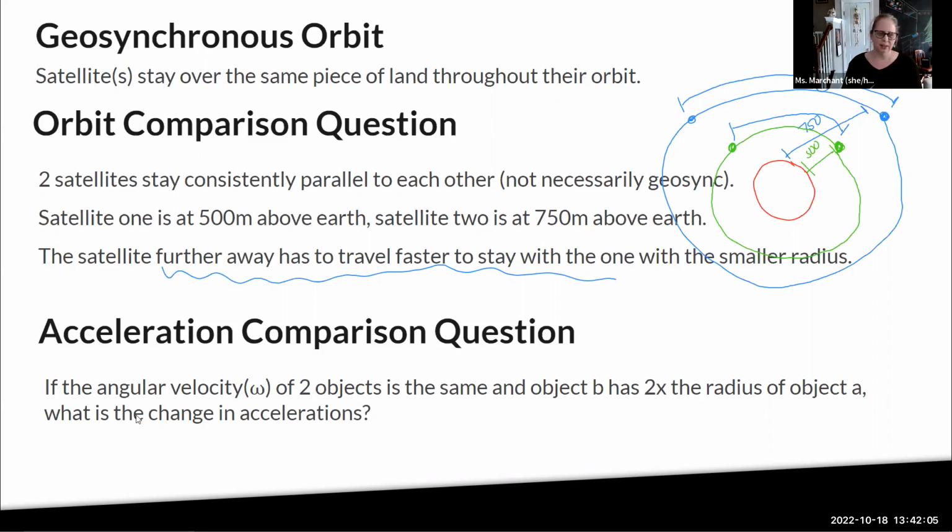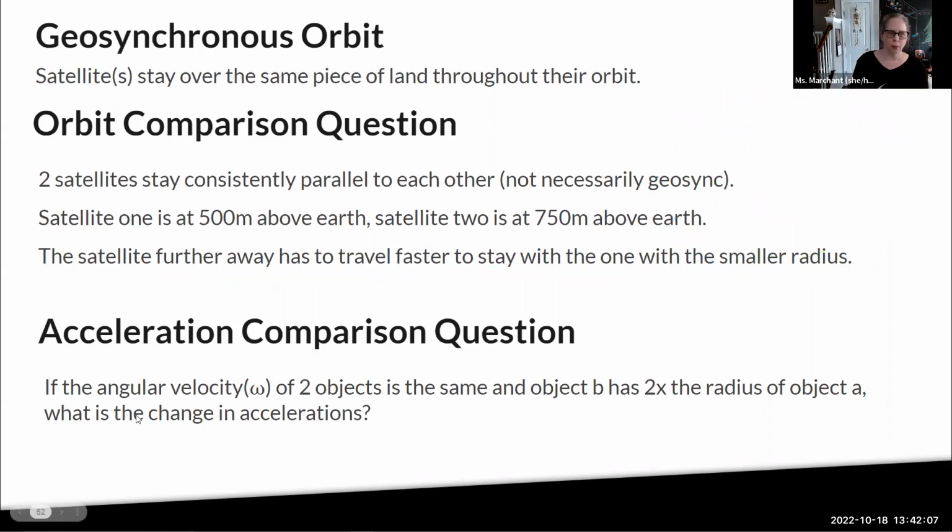Okay. Now, if we wanted to compare the accelerations, where are the accelerations always going? Towards the center. Accelerations are always going towards the center. So that is the direction of the acceleration of both of those satellites because they're staying parallel. But how can we compare other information? Okay. So that first satellite has the radius of the Earth plus 500. And that second satellite had the radius of the Earth plus 700.